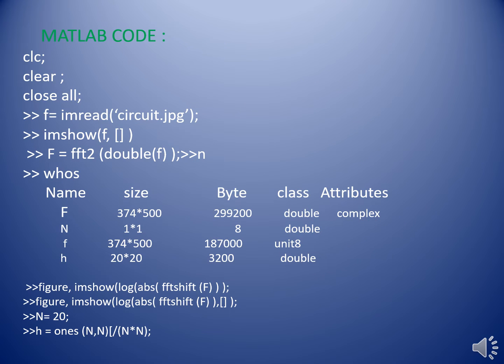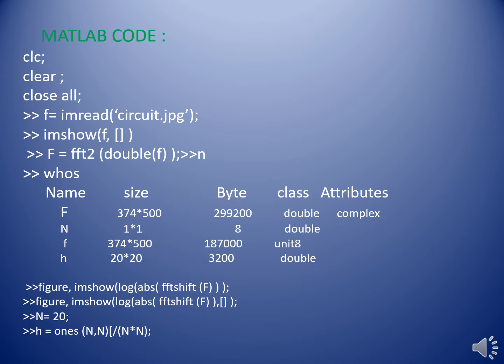Now let's see the MATLAB code of this to clearly understand these images. Let's take the image and label it as F. F is the blown integrated circuit image, and we took the Fourier transform of that using MATLAB's fft2. We want to work with double precision, so that gives us a transform that is the same size as the original image but of complex type.